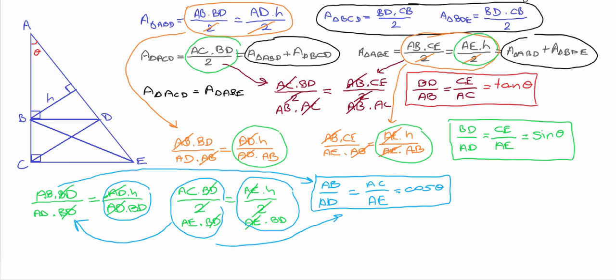It doesn't matter how small your triangle or how big it is, cosine theta is constant. So tangent theta is a value, sine theta is another value, and cosine theta is another value, but they are always constant. Doesn't matter how big or how small your triangle is.